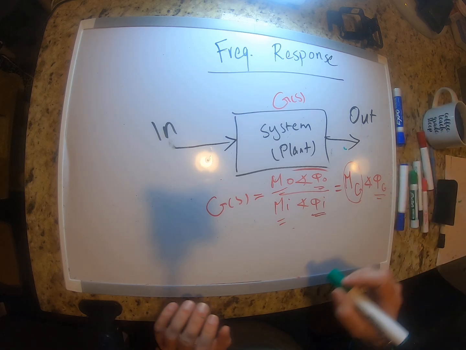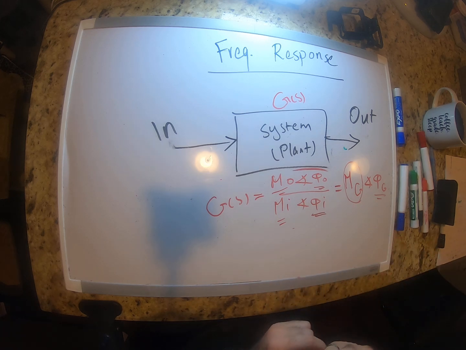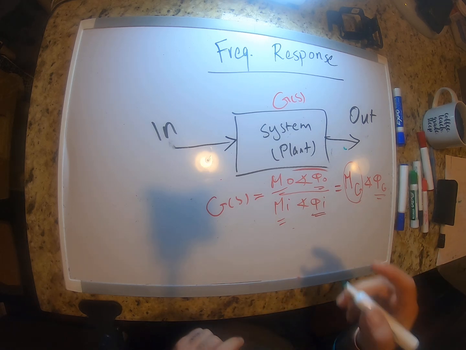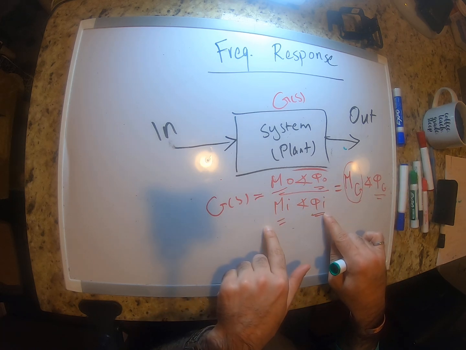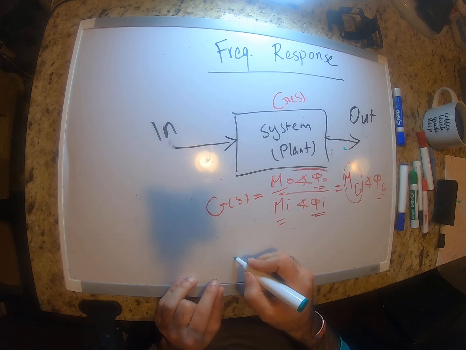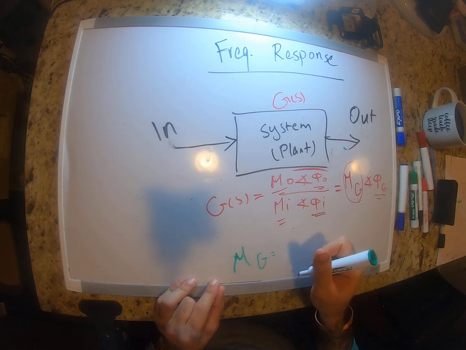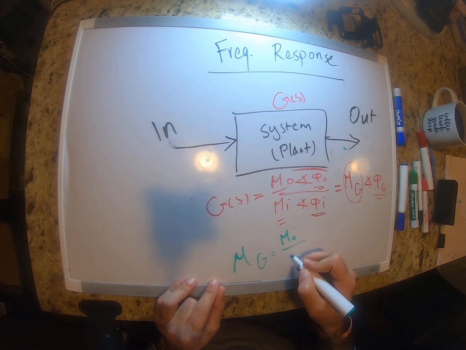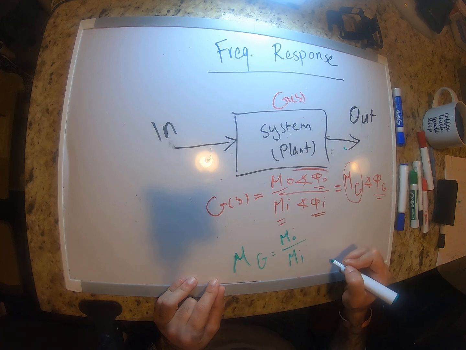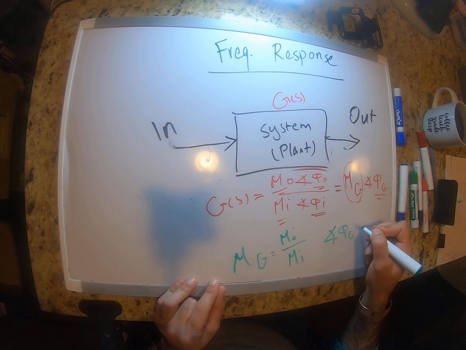If you remember from your basic math working with phasors or complex numbers, when you divide two complex numbers, the magnitude of G, which is our system, is going to be the magnitude of the output divided by the magnitude of the input. The phase of G is going to be, what is it?